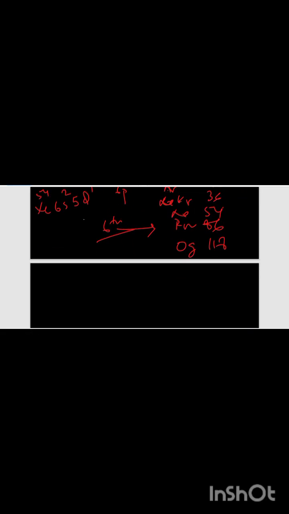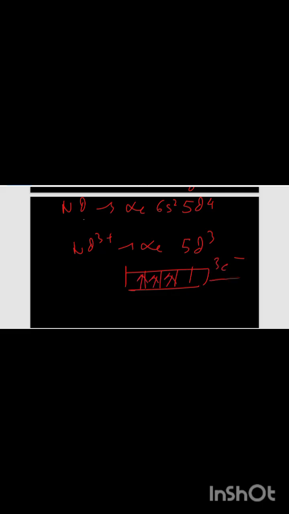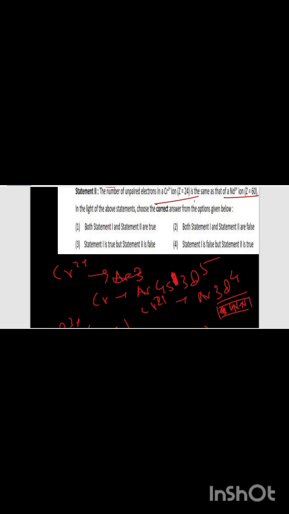So for Nd I have written xenon 6s2 5d4. Nd3 plus will have xenon 5d3, that is, the number of unpaired electrons is only 3, whereas in case of Cr2 plus the number of unpaired electrons was 4.